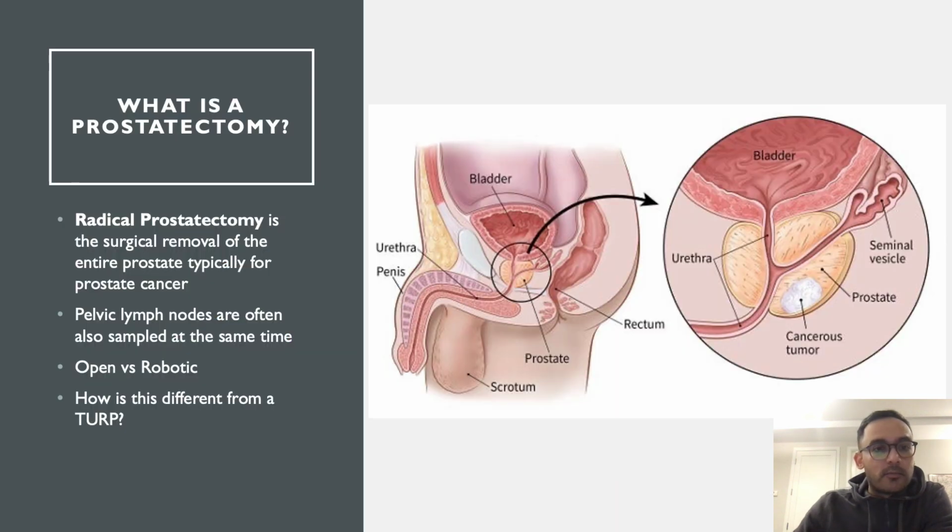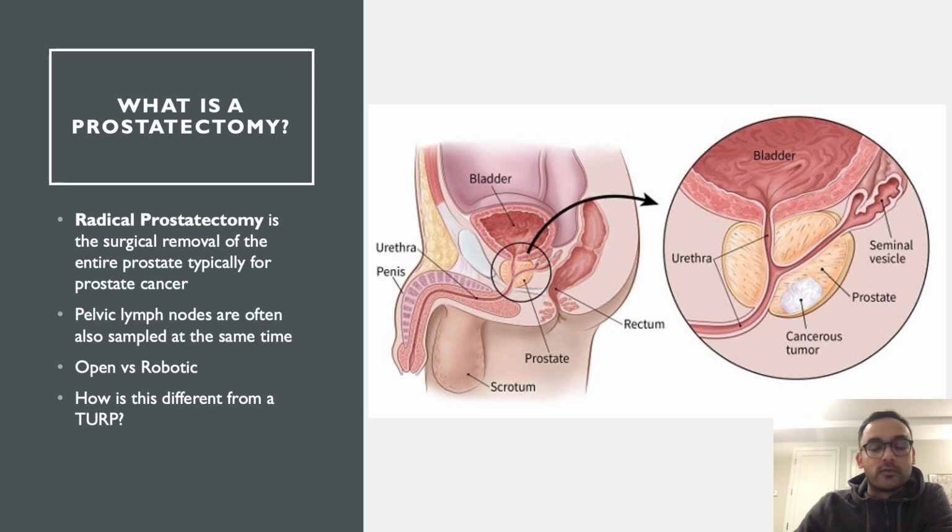So what is a prostatectomy? There's different kinds of prostatectomies. What I am starting to do at this site will be a radical prostatectomy. This is the surgical removal of the entire prostate, typically for prostate cancer. Now, when we take out the prostate, we also take out lymph nodes.